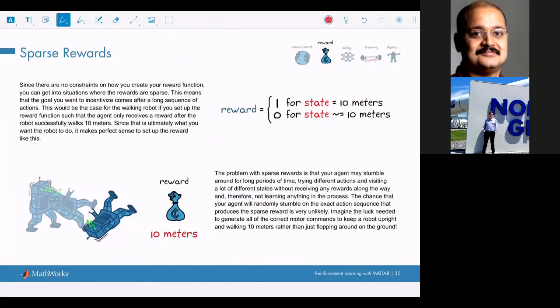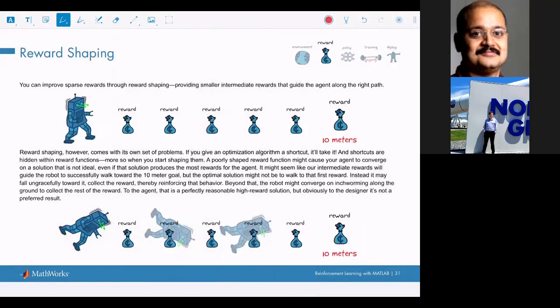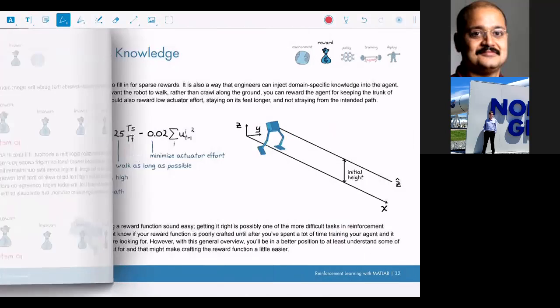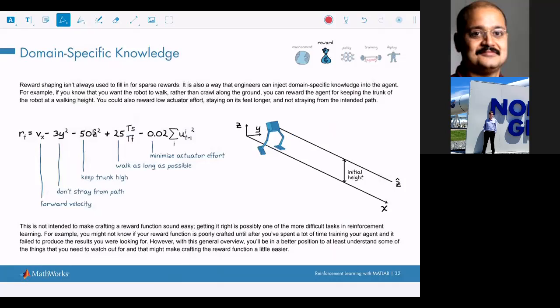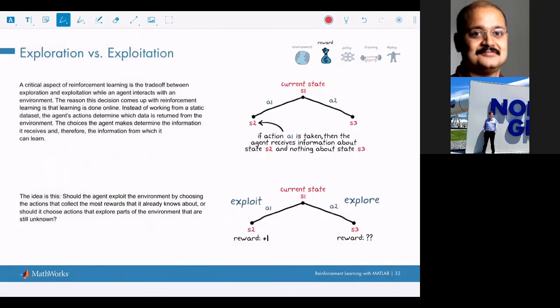If you recollect, we talked about different types of rewards. There is something called sparse rewards. There is something called reward shaping, that means the distributed rewards. Then what you can do is change the structure of the reward based on domain specific knowledge. Basically, whatever additional information you have regarding the problem, you can use that to change the reward function.